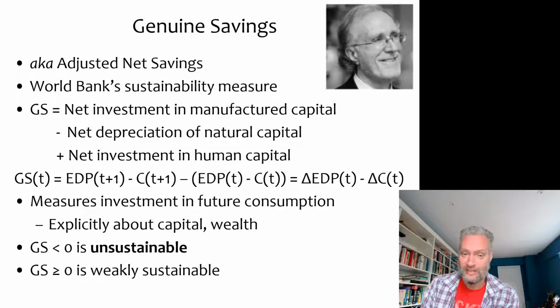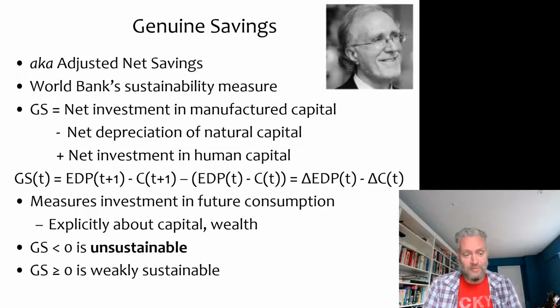Genuine savings is defined as the net investment in manufactured capital minus the net depreciation of natural capital plus net investment of human capital. The relationship between genuine savings and the environmental domestic product is as follows.